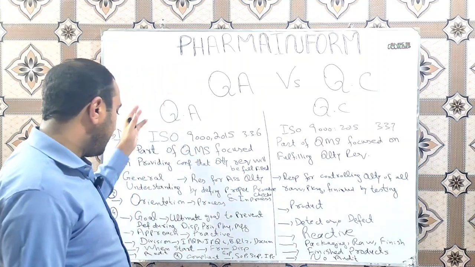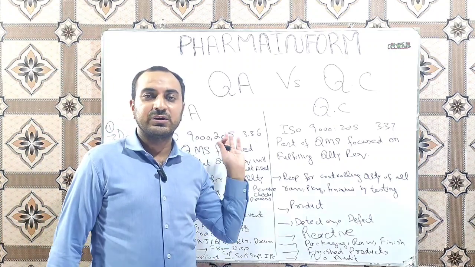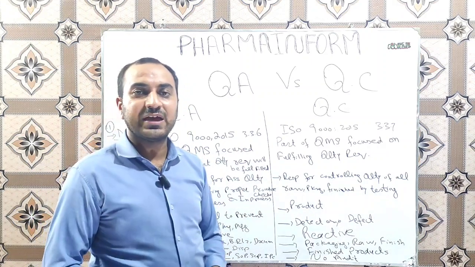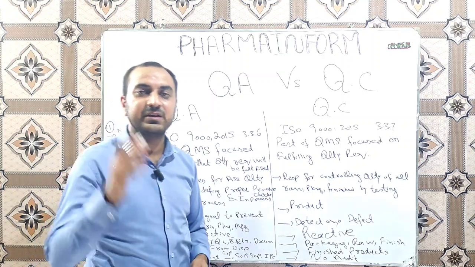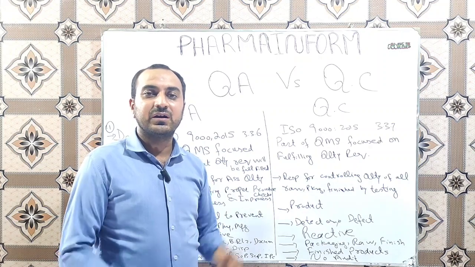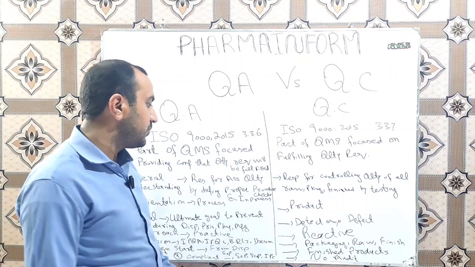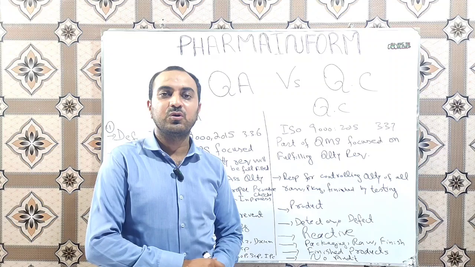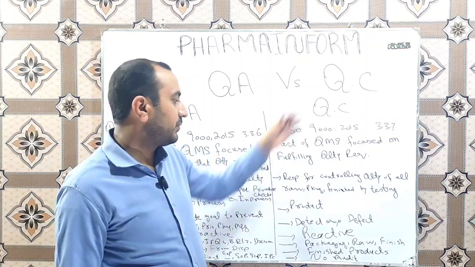If we talk about the examples or roles which are performed by quality assurance, the generation of SOPs, SCPs, standard operating procedures, standard cleaning procedures, and work instructions are all done by the quality assurance department. And if we talk about quality control, then the testing is done by quality control to control the quality of finished products and raw material.